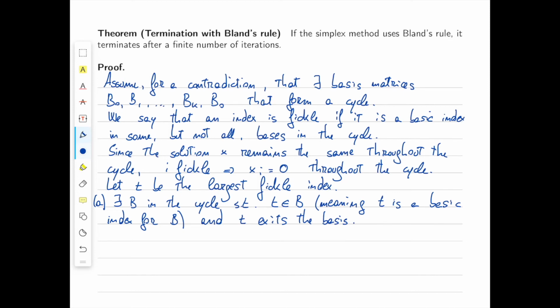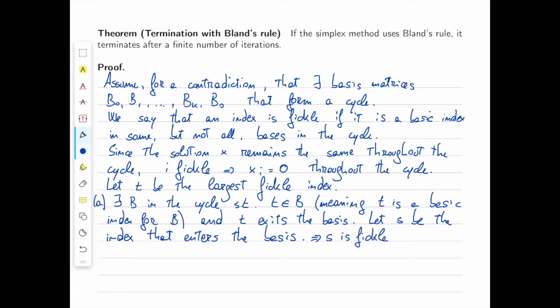Therefore, t will not be in the next basis in the cycle. Let's denote by s the index that enters the basis. So s was not in B and it will be in the next basis, and this implies that s is fickle as well.